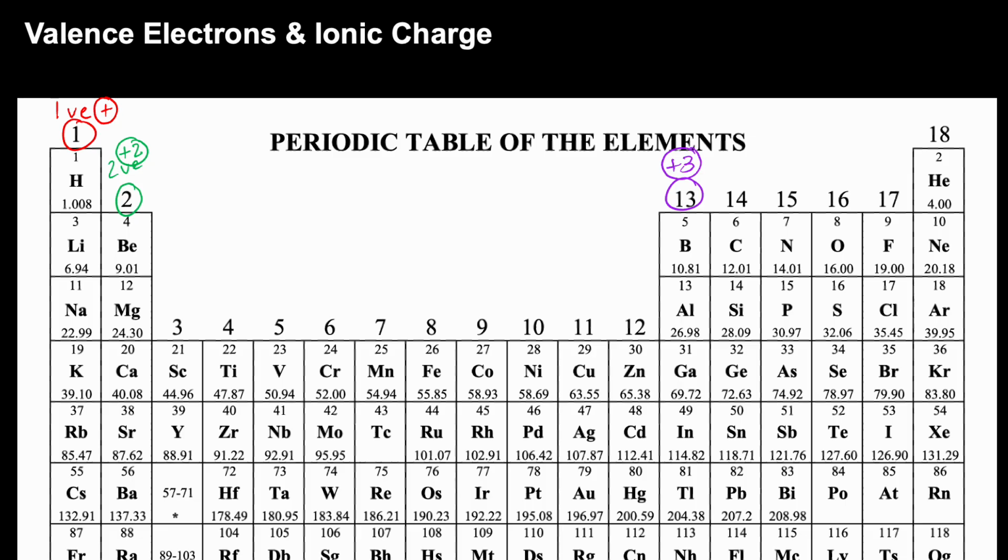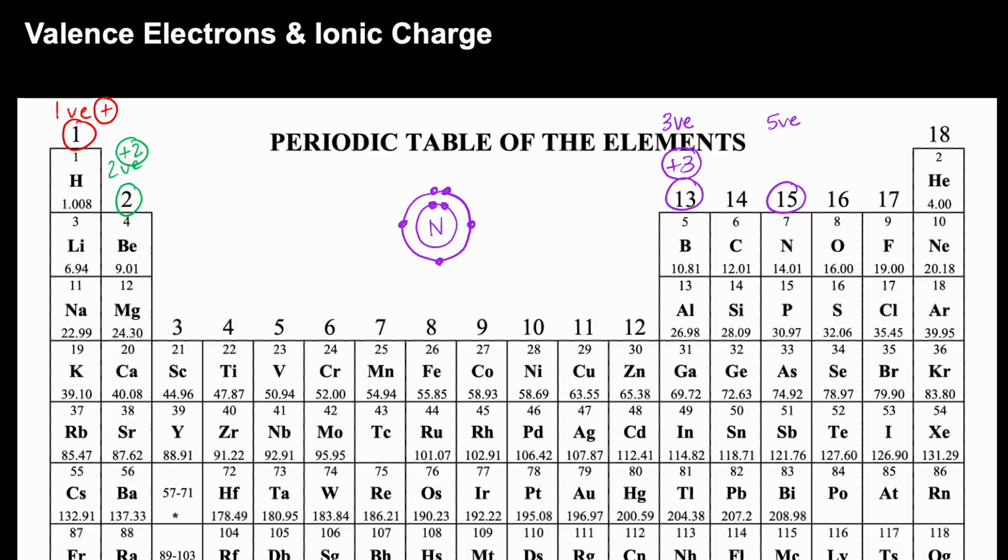Now looking in the other direction, we have group 15, in which all elements have 5 valence electrons. So let's say we are looking at nitrogen. Nitrogen has a full first shell, and in the second shell it has 5 valence electrons.